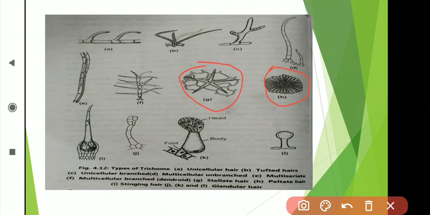This type of trichome is called a stinging hair. Another type of trichome, or we can say a special type of trichome, consists of a stalk and a unicellular or multicellular head, and is known as a glandular hair. Look at here, this is a glandular hair.